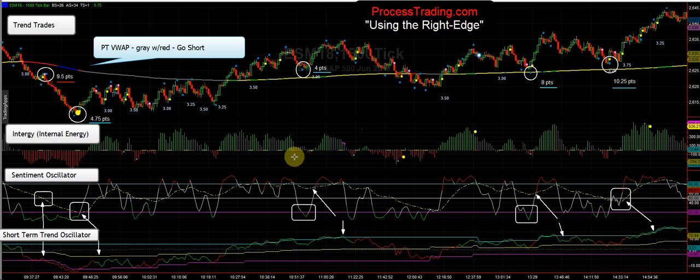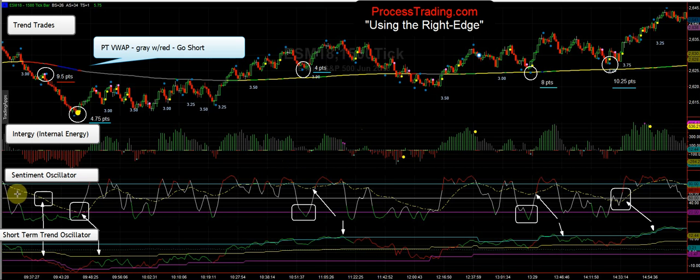The red underscores indicate a sign of weakness, and the yellow underscores indicate a sign of strength. So even though the internal energy is negative, it's starting to trend positive, it's losing its negativity, and it has a sign for going positive.